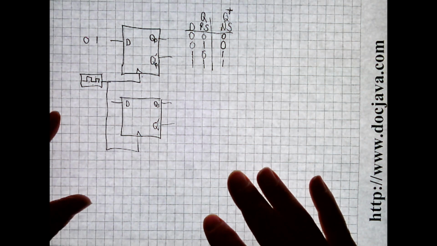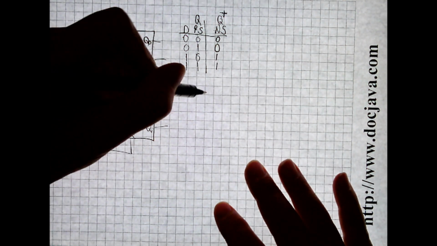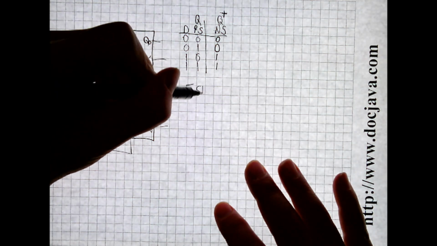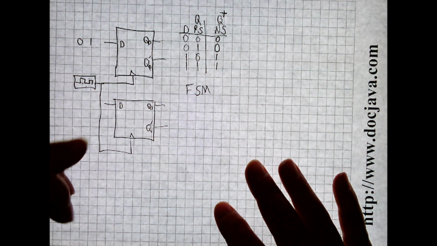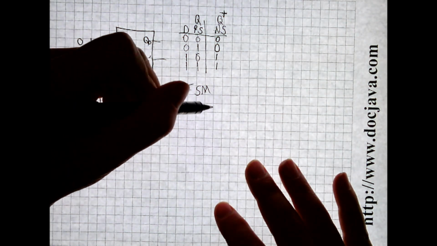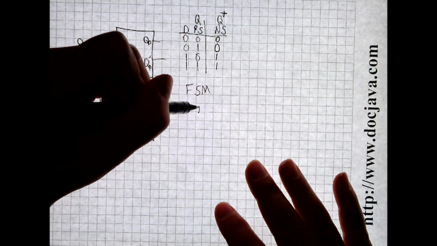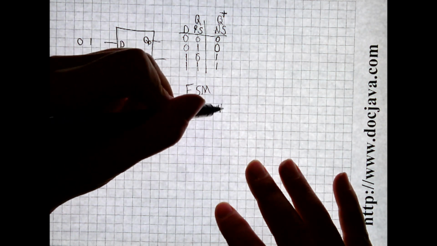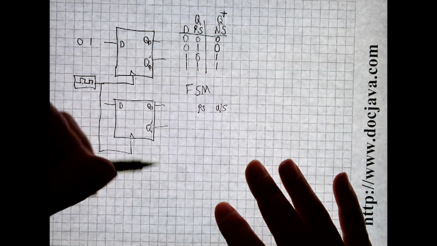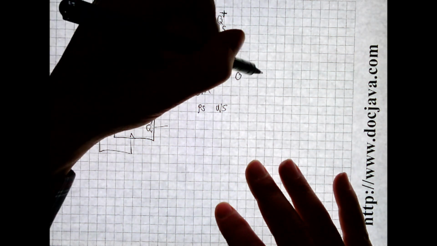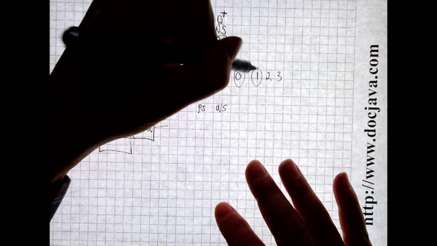What we want to do is try and design a finite state machine. A finite state machine is defined as a machine which has a countable number of states. What we want to do is go from a present state to a next state with a finite state machine, and we can draw a diagram for it. 0, 1, 2, 3.